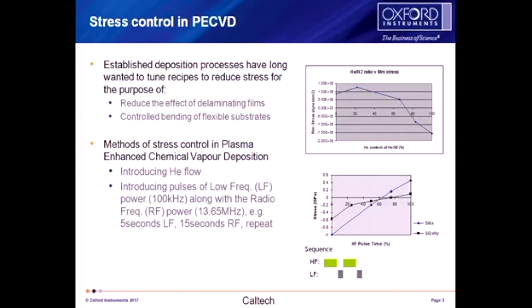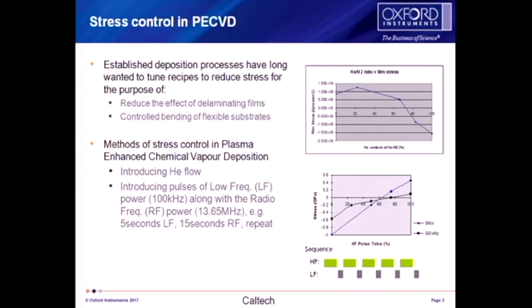stress control has been looked at and compensated for in PECVD using two routes. One is the addition of helium flow to your process gases, and the other is an alternating sequence of low-frequency plasma power and RF plasma power, hopefully like the one you're seeing down at the bottom in the graphic.